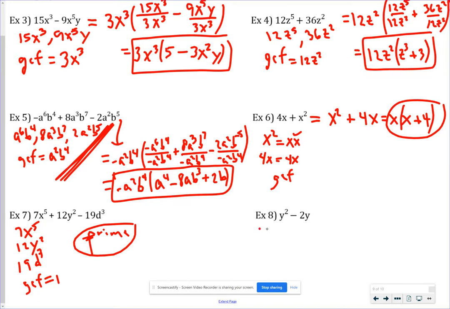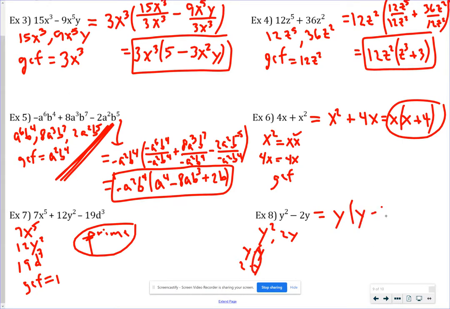Okay, example 8. Y squared and 2y are the two terms. GCF is a y, right? The GCF, the common factor, is a y. So we take that common factor, we pull it out. We pull out the common factor, look at what's left.